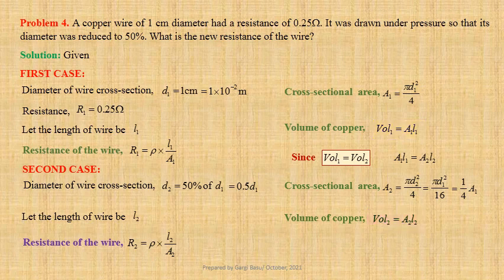Therefore, L2 equals A1 by A2 into L1, that is equal to 4 times L1. Resistance of the wire R2 equals rho into 4 times L1 divided by 1/4 A1, that is equal to 16 times R1. That is equal to 16 into 0.25, that gives us 4 ohm.